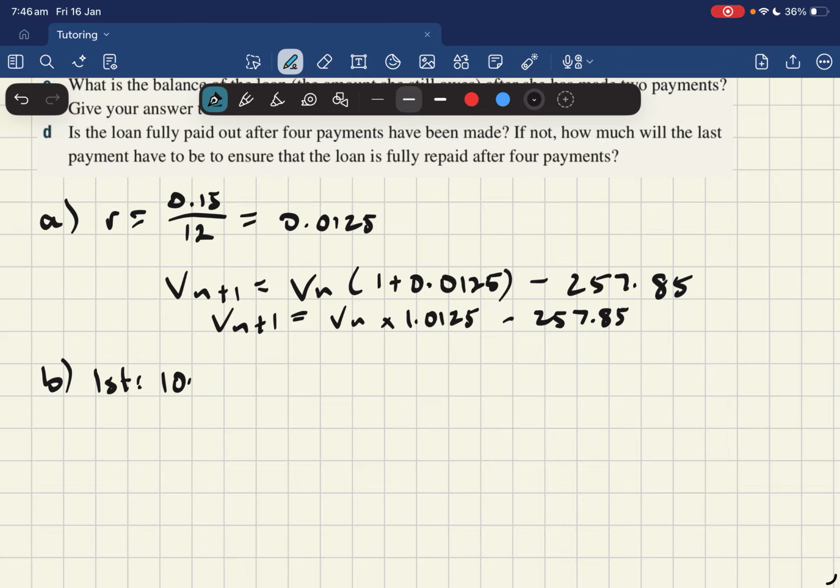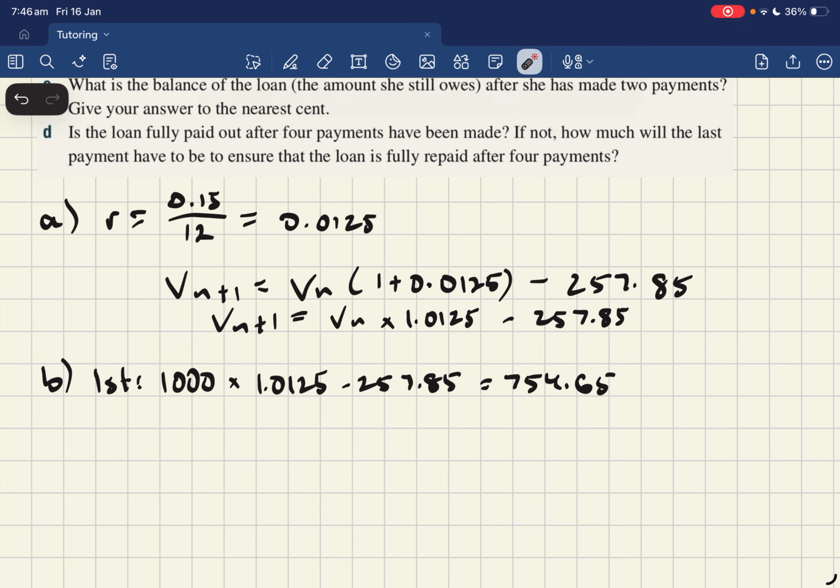So you take $1,000, we apply the interest to it, and then we take away 257.85, and that gives us $754.65. So this is our V1.